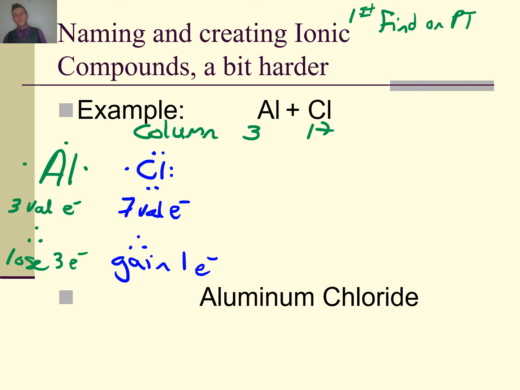So what I want to do then is show you how this works. And this slide's going to get a little cramped. So I'm going to put up a wall and start to show my ions being formed on the right here. So I've got an aluminum, and I have a chlorine.